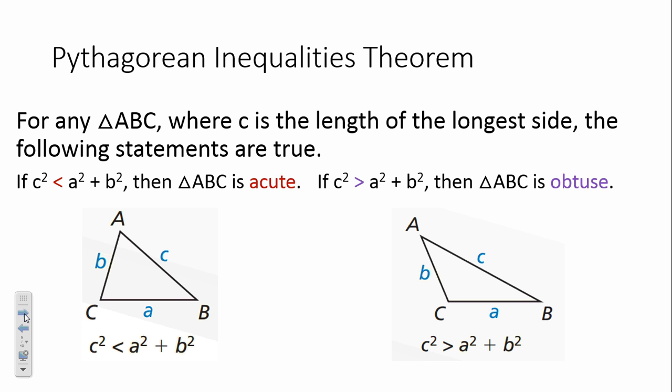And if c squared is bigger than the sum of the other two sides squared, then your triangle is obtuse. If they're equal, it's a right triangle. But if the c squared, the longest side squared, is smaller than the other two, it's acute. If it's bigger than the other two, it's obtuse. So that last one was acute.